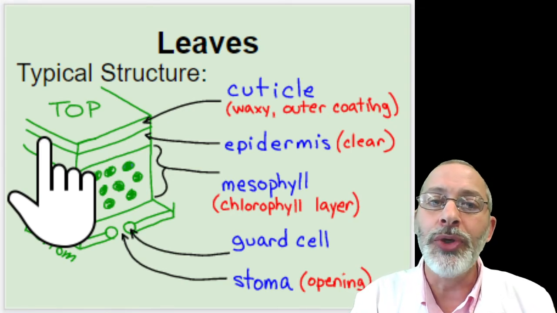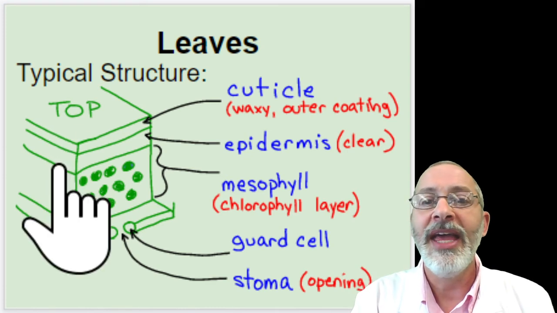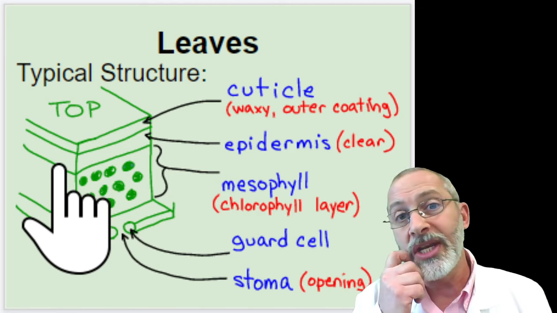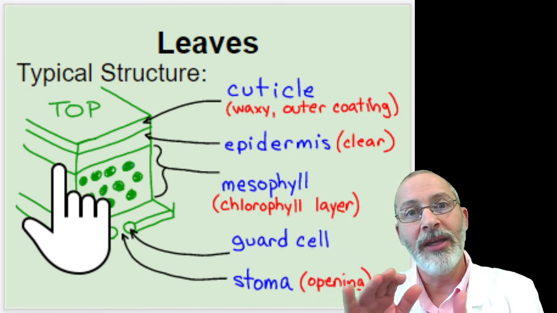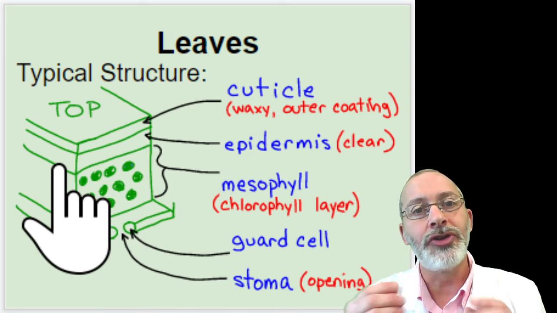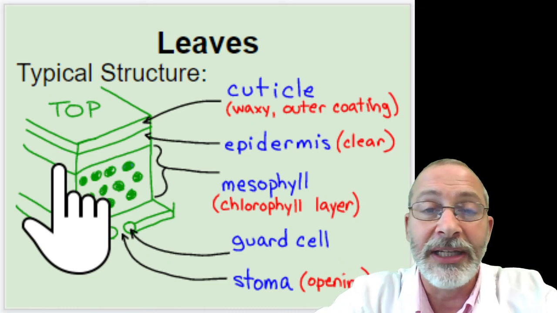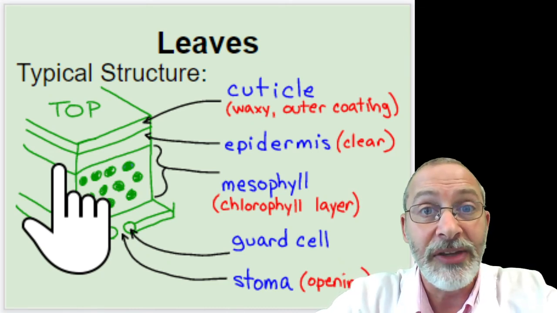But beneath the cuticle, we have the next layer, which is called the epidermis. Epidermis is also the name of our skin. Epi means outside. Dermis refers to skin. So the epidermis is literally the outside skin of a plant's leaf.